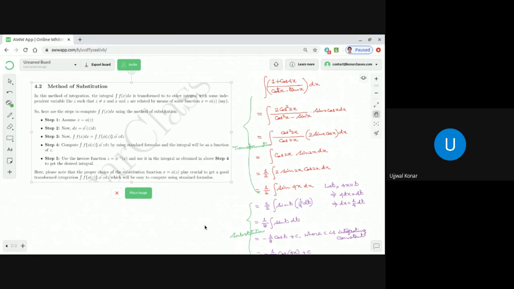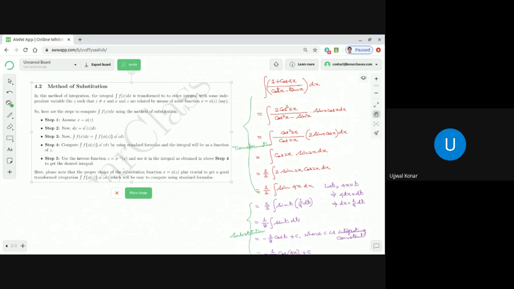In this method of integration, the integral, that is integration f(x) dx, is transformed to another integral in some independent variable z, where z is not equal to x. Then we make the substitution. First we integrate f(x) using the substitution x equal to phi(z).